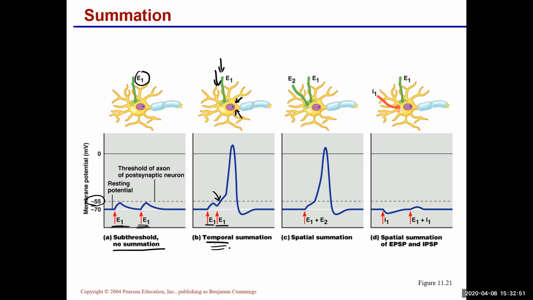Time is important. A spatial summation is when one postsynaptic neuron is stimulated by a large number of signals. Like here, you have one signal, here's another signal. They come in at the same time. Let's say this one has positive 14 and this one has positive 14, together they come in. Let's say one of them is opening up a lot of sodium channels.